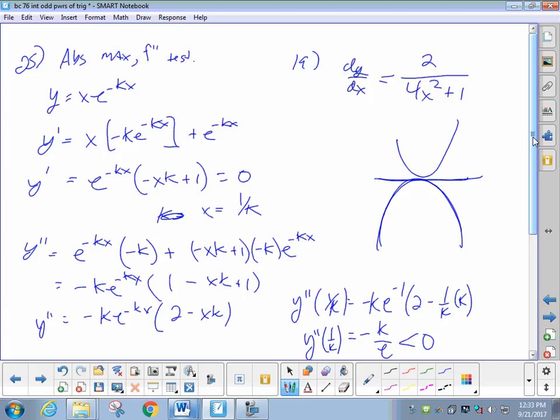Before 1 over k, say 0, what's the sign? Positive. And after 1 over k, say k or something like that, negative. So it's positive to negative. Does that prove absolute max? It can, if you're good.